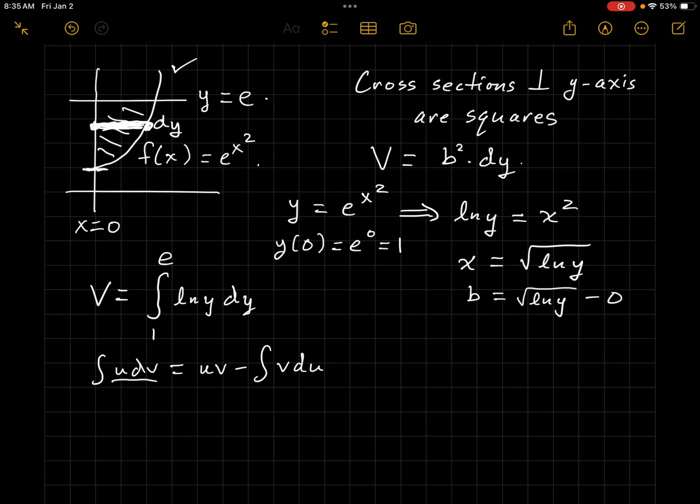In this case, I will choose u to equal the natural log of y, which means dv is what's left over, and the only thing left over is dy.